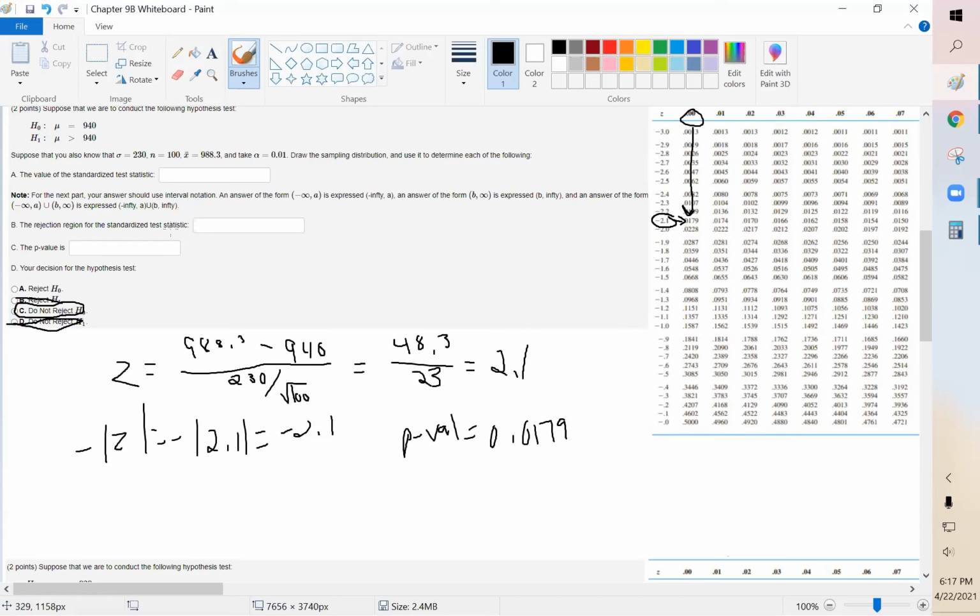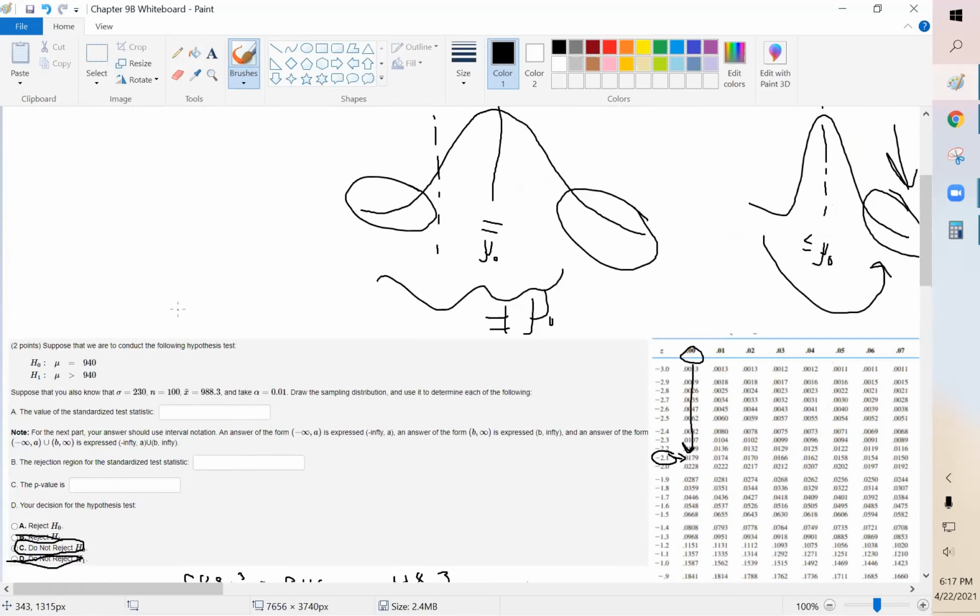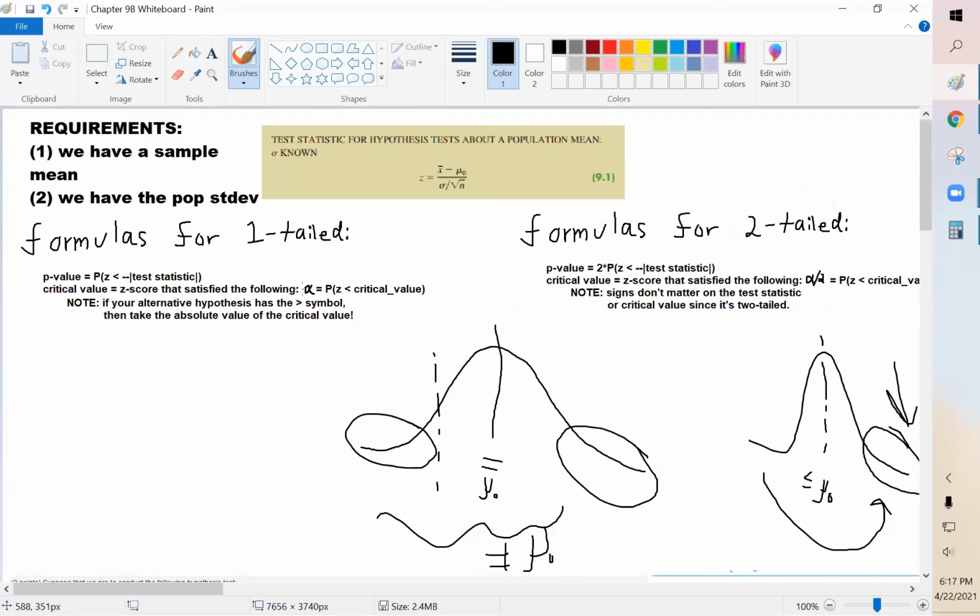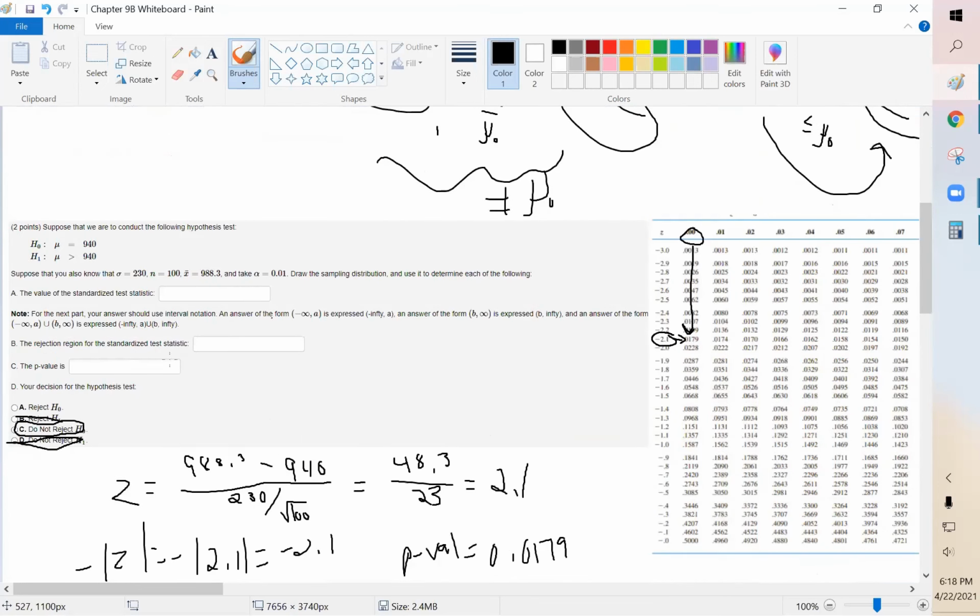Now let's go back to the rejection region. The first thing we've got to do is get our critical value. We recall the critical value is basically the Z-score that satisfies one of these two. Which one do we use? Well, here we have greater than.